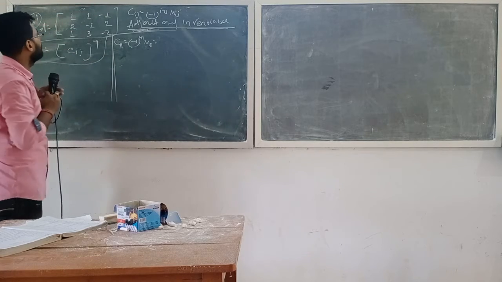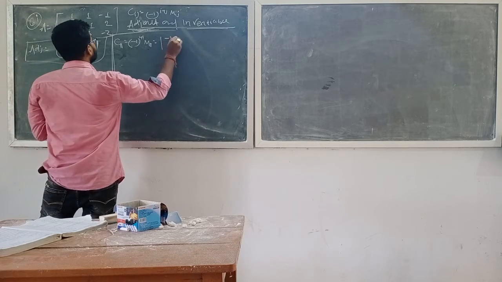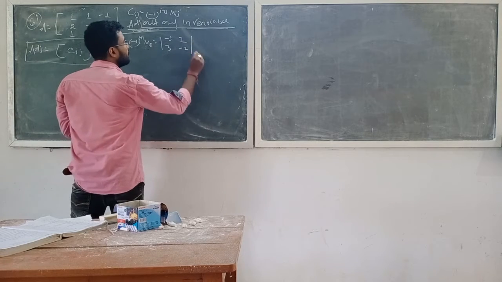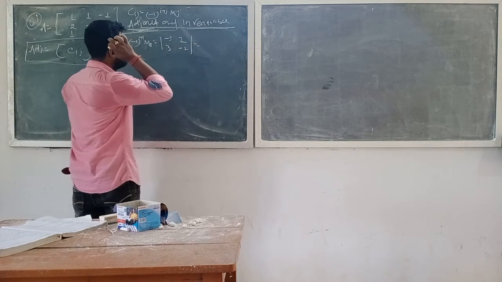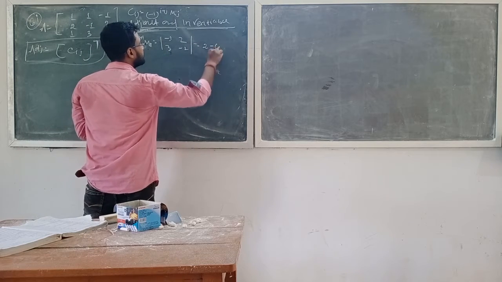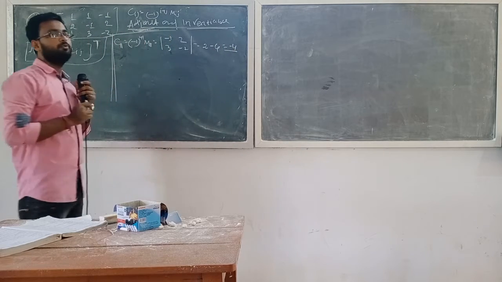After deleting the first row and first column, the remaining elements are 2 3 minus 2. Then you find the determinant: 1 minus 1 minus 2, that is 2 minus 3 into 2, 6. So that is minus 4. This is the value of M11.